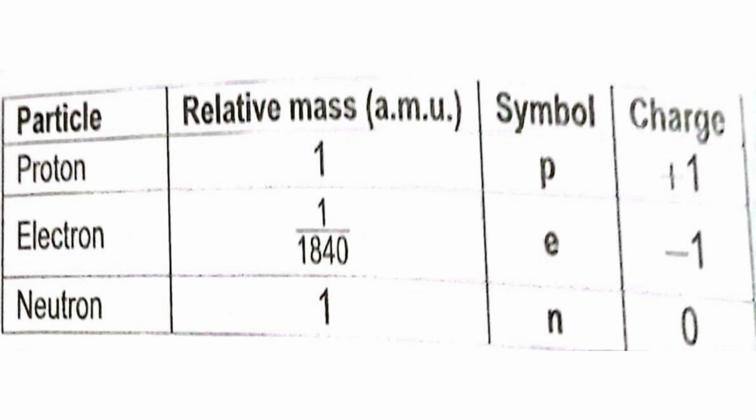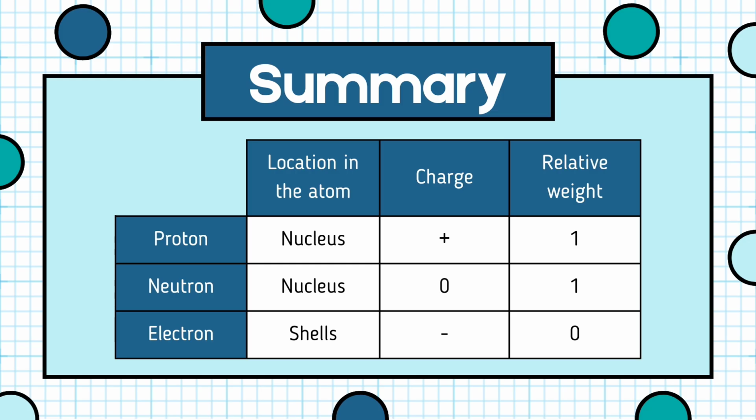Now we have the neutrons. The neutron is neither positive nor negatively charged. Thus it is neutral. Like protons, it is found in the center of an atom called the nucleus. It has a relative mass of 1 atomic mass unit.